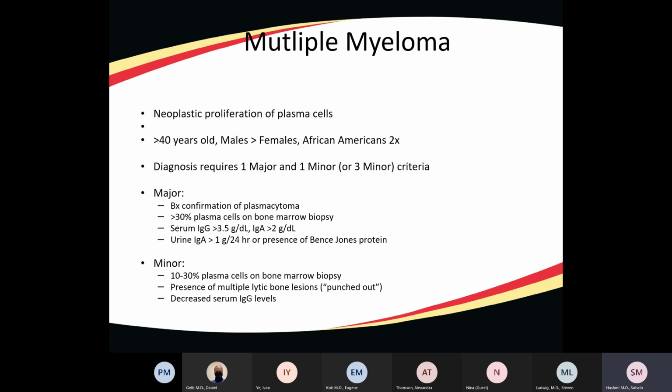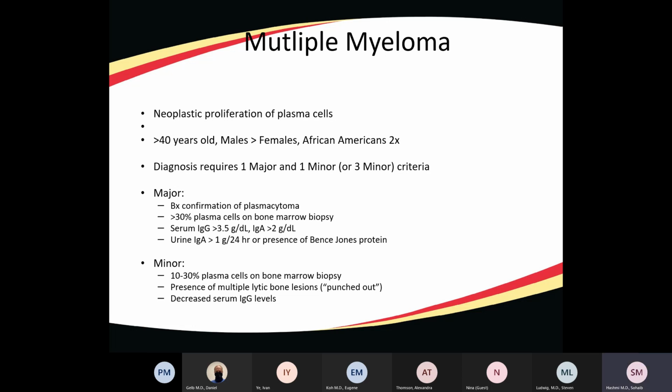So multiple myeloma is one of the most common types of tumors seen with involvement in the spine itself. It's a proliferation of plasma cells seen in patients more than 40, usually mid to older age, with a predominance for males and African Americans. Diagnosis requires one major and one minor criteria, or three minor criteria.